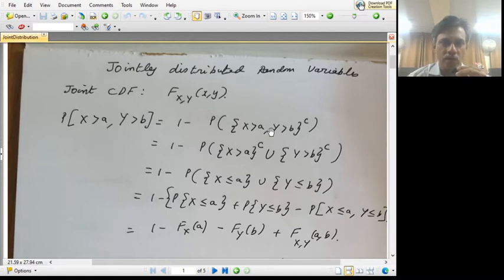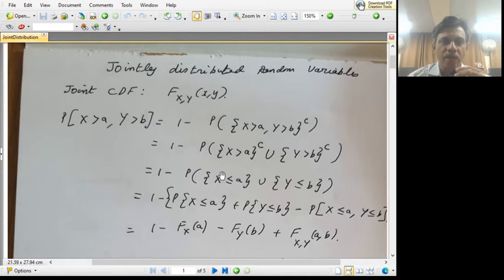Applying De Morgan's law, we can write it as A complement union B complement, treating this to be A and this to be the event B. So we can write this as 1 minus the probability of (X greater than a) complement union (Y greater than b) complement.